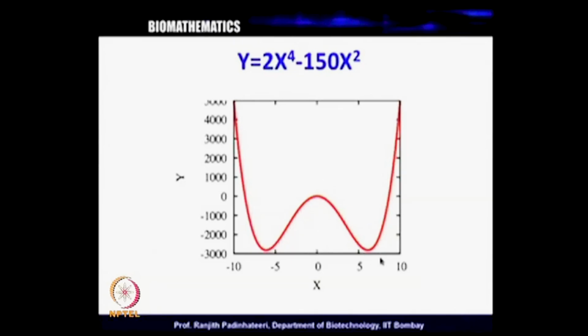From this curve we already know the answer, but let us verify this by finding the derivative. The idea we are using is that wherever the derivative is 0, at that point you have a maximum or minimum of the function, maxima and minima of the function.